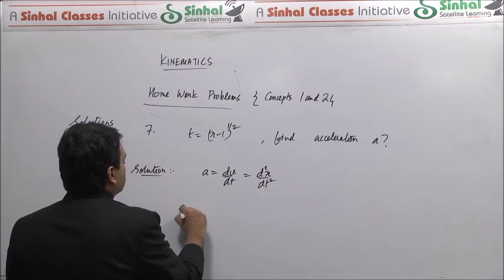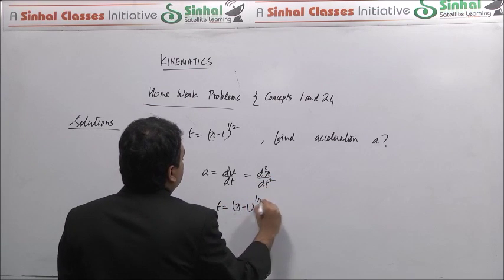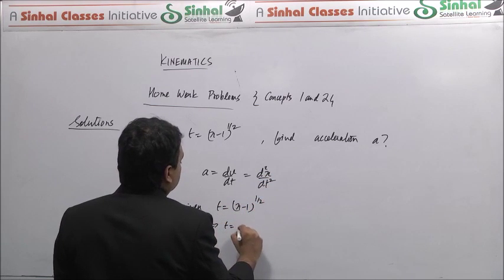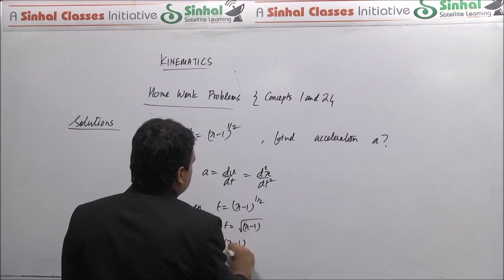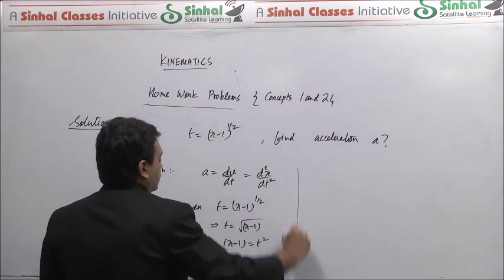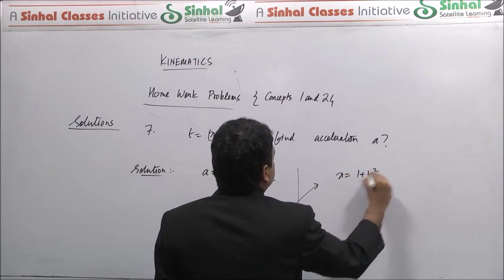Given that t is equal to x minus 1 to the power half, or t is equal to square root of x minus 1, see that x minus 1 is equal to t square. So x as a function of time is 1 plus t square.